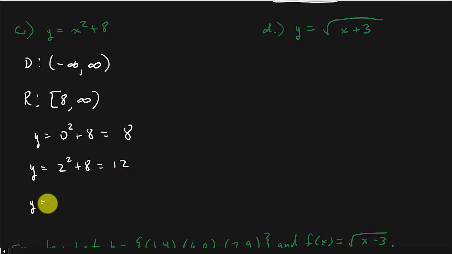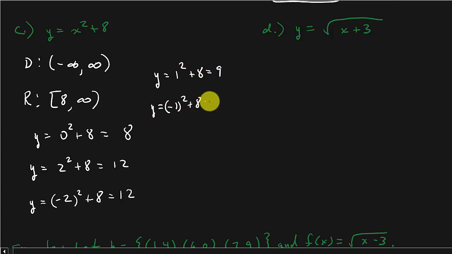And then I'm going to take negative 2 and plug it in. Well, negative 2 squared is 4 plus 8, which is 12 also. And then we can do the same thing if we plug in 1. That's going to be 9, and then plug in negative 1. That's going to be 9 also.